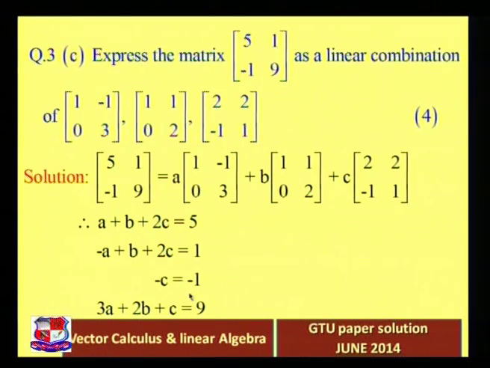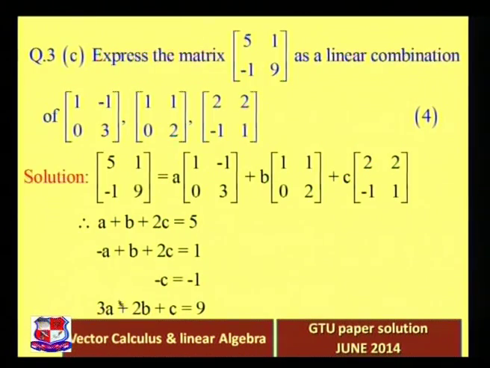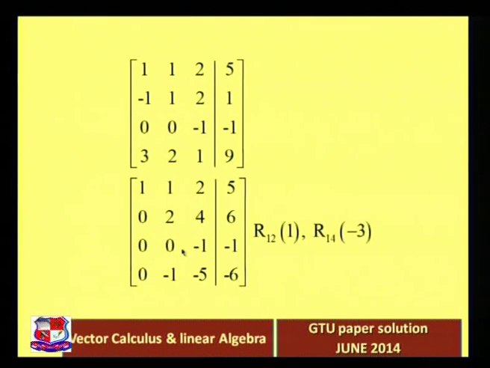The third row is coming from the third equation, the coefficients of A, B, C: 0 0 minus 1 minus 1. The fourth row is coming from the fourth equation: 3 2 1 9.